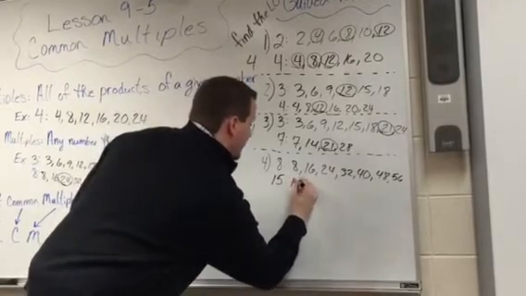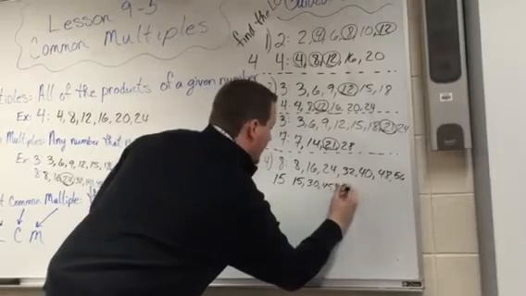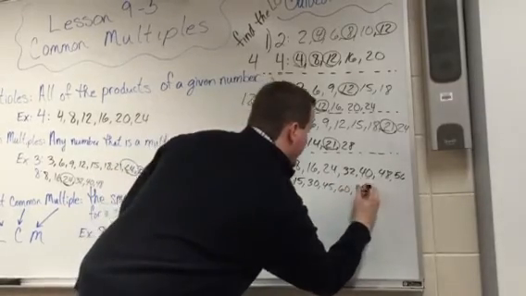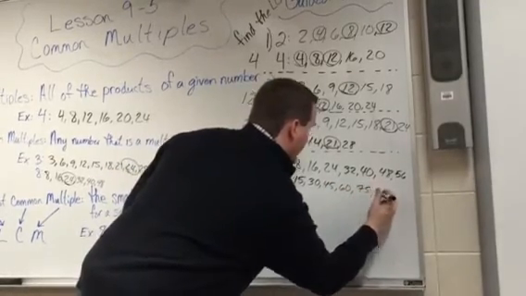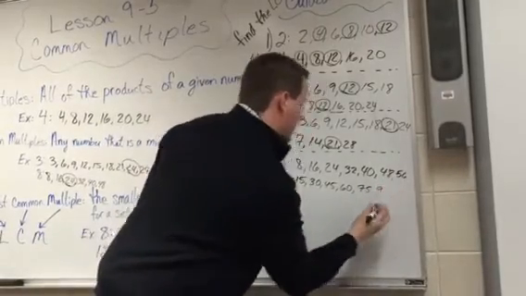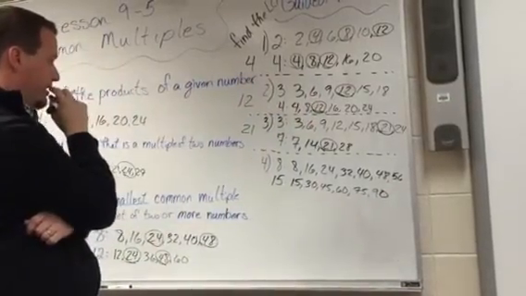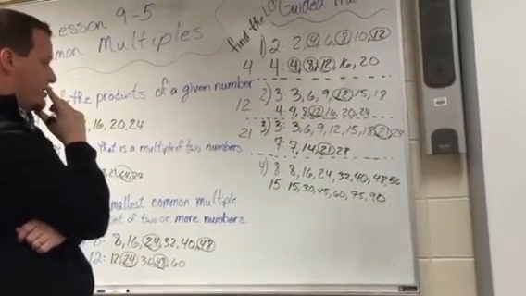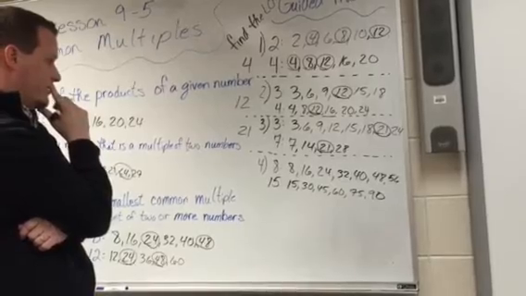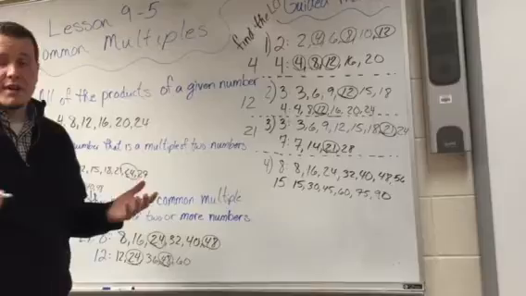We have 15, 30, 45, 60, 75, 90. Do I see any that are matches there? I don't. So what could I do?